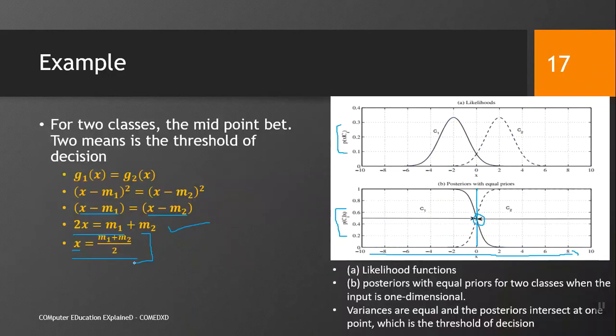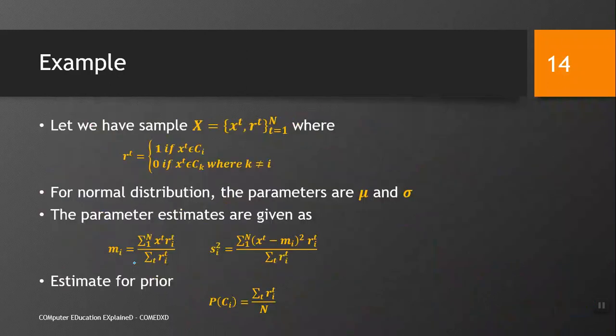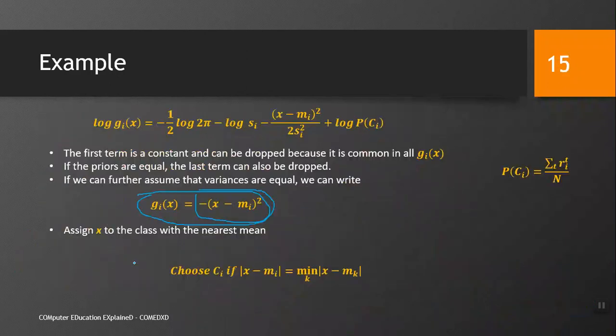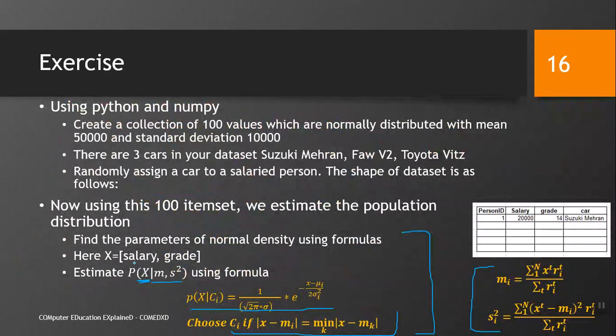Okay, so you can easily implement it in Python. You are required, as your own exercise, to implement it using the same car data set that we generated in the previous example.